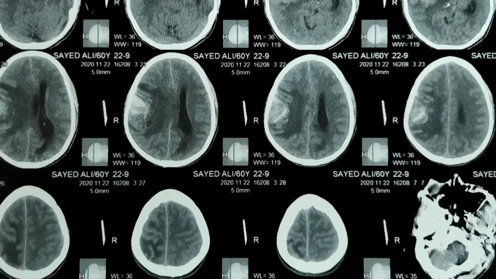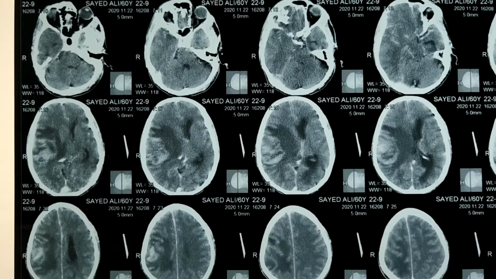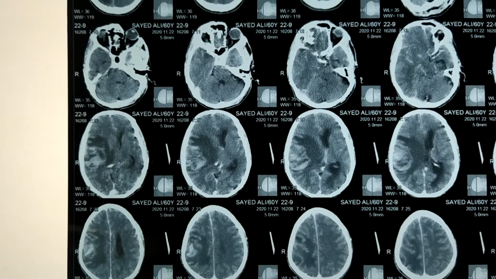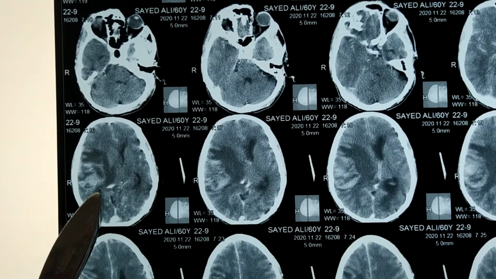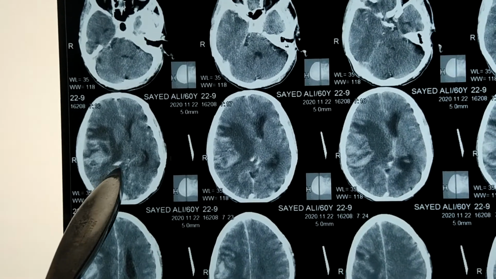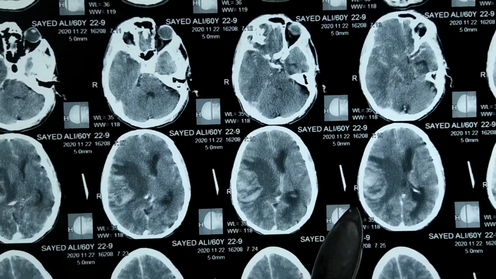And with contrast, the segment below, the lesion here actually took very little bit contrast or no contrast.